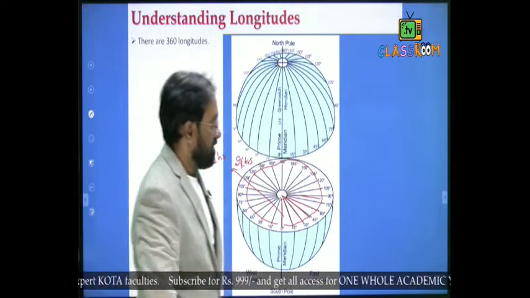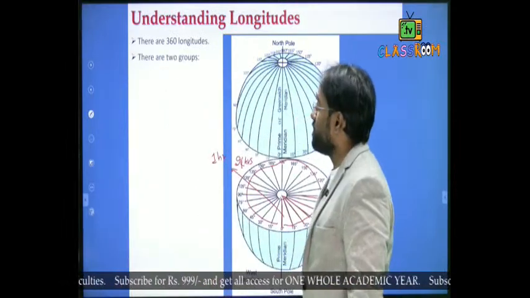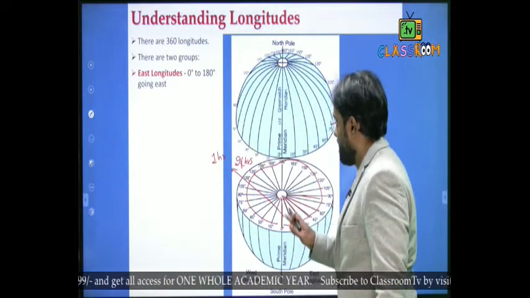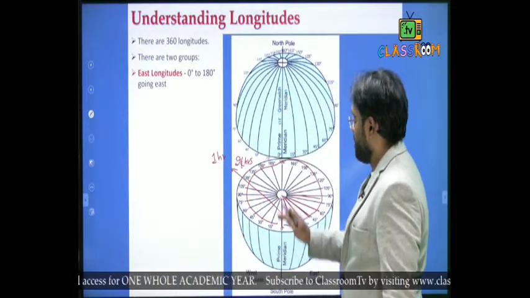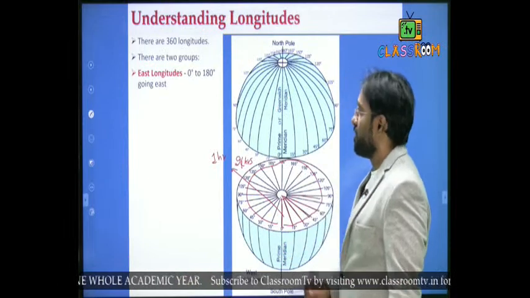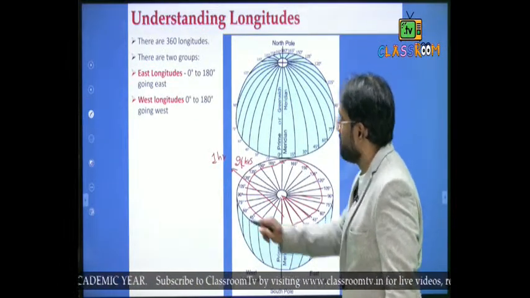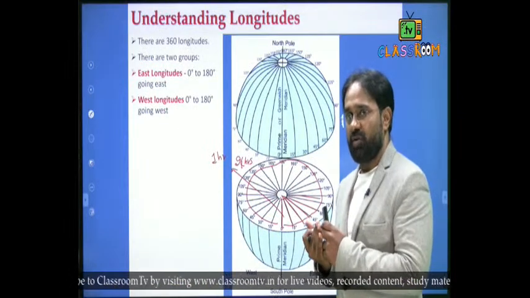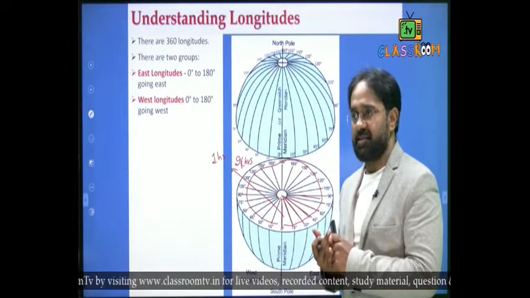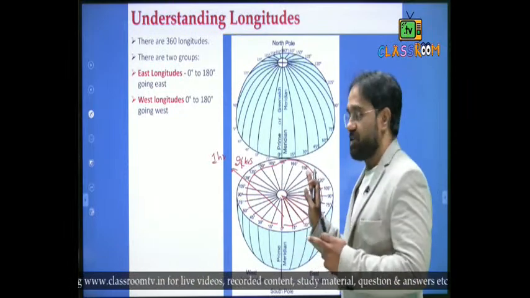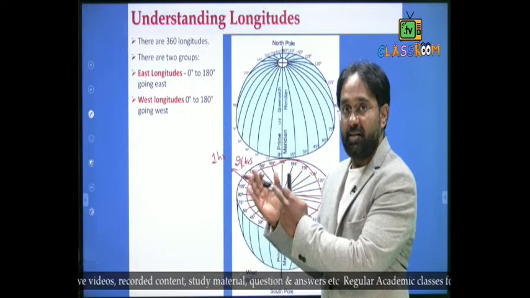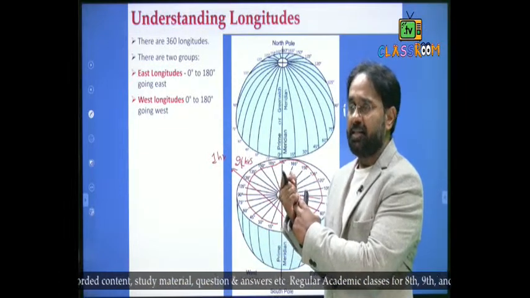So there are 360 longitudes, and there are 2 groups: eastern longitudes 0 to 180 degrees and western longitudes 0 to 180 degrees. The earth is moving from west to east. In the eastern part of the Greenwich meridian, whichever countries are there are experiencing a day in advance.